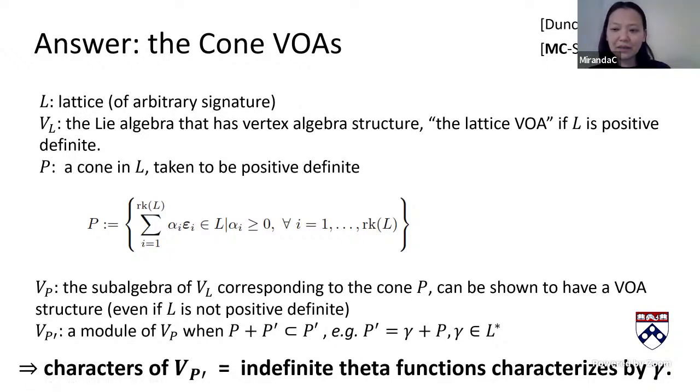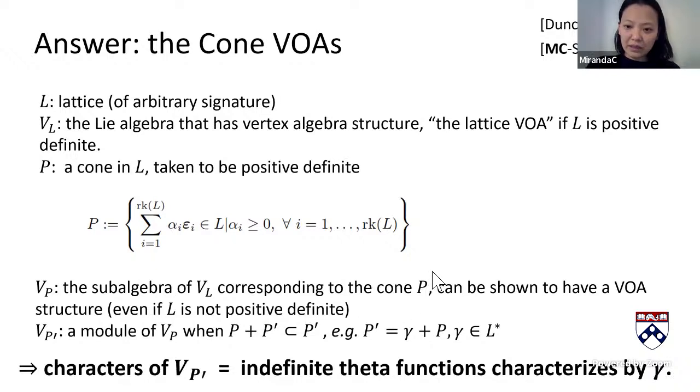The modules, and also the twisted modules, can be constructed in the same way, analogous to the usual construction of lattice VOAs. Moreover, these characters are given in terms of indefinite theta functions characterized as usual by a vector. In the untwisted case, this vector will be in the discriminant group of the lattice.